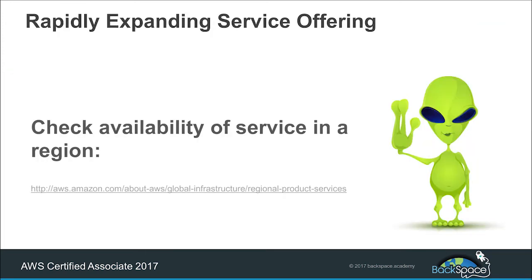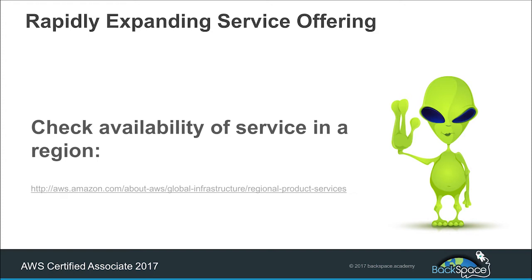certification. Now again, one thing to consider here is that the AWS service offering is rapidly expanding, and it's always a good idea to check the availability of a service in your particular region. For this course, we use the US East 1 standard region, simply because that is the main region that has the broadest range of AWS services available to it.